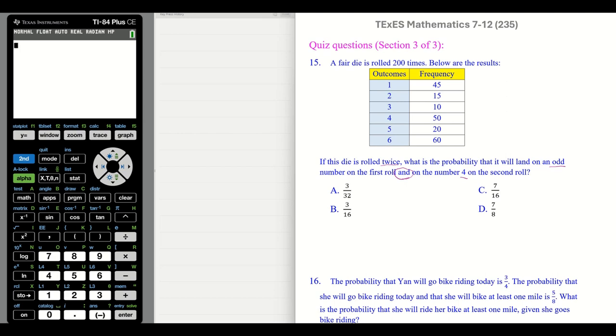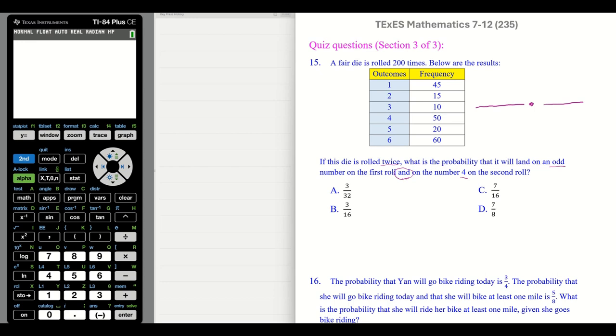Now, when we're working with frequency tables, we do things slightly differently. We will have 2 events: event 1 times event 2. Let's look at event 1, rolling an odd number.